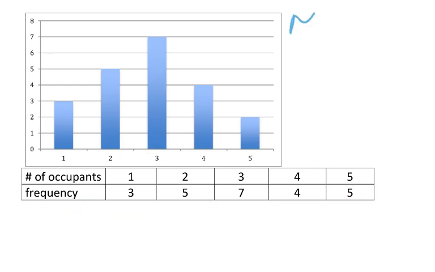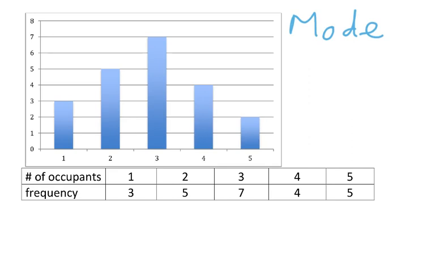Mode. Mode is the entry that occurs most often. Modes are really, really easy to see in graphical representations. Looking simply at the chart itself, notice that all of these numbers are repeated. 3 1s, 5 2s, 7 3s.